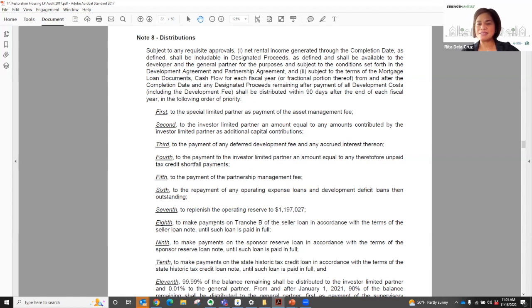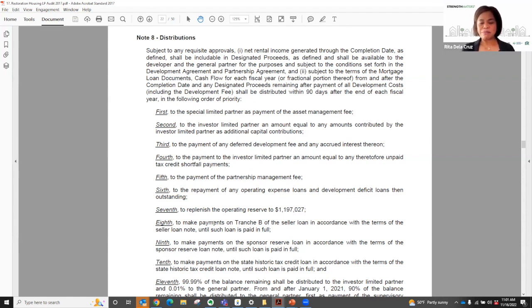There are a lot of instances where your lender's agreement, and if you have several lenders, they have their own version of how to calculate surplus cash, and your partnership agreement has its own version of how to calculate and how to distribute surplus cash. And in most cases, it's not always the same.